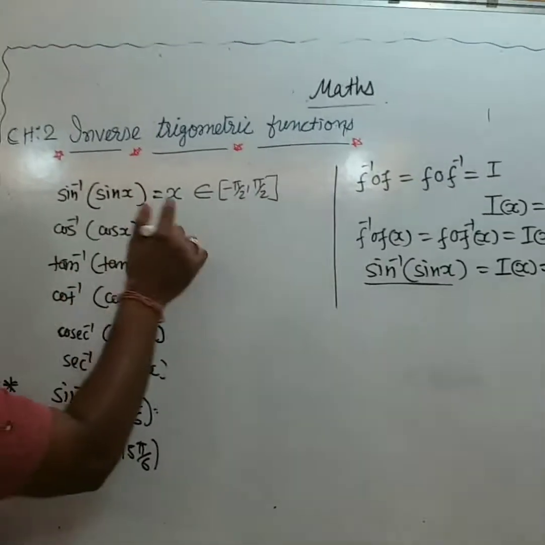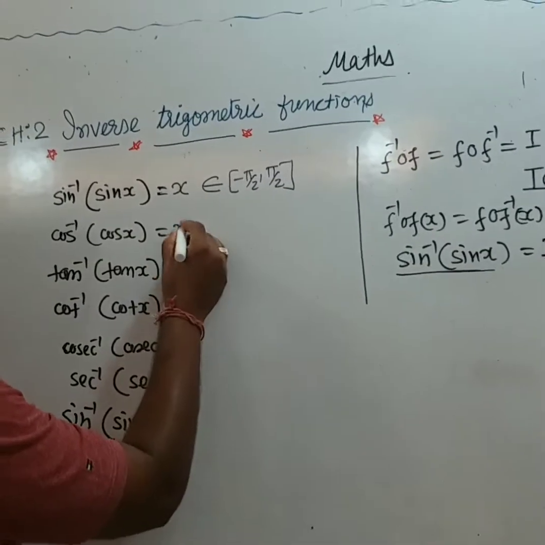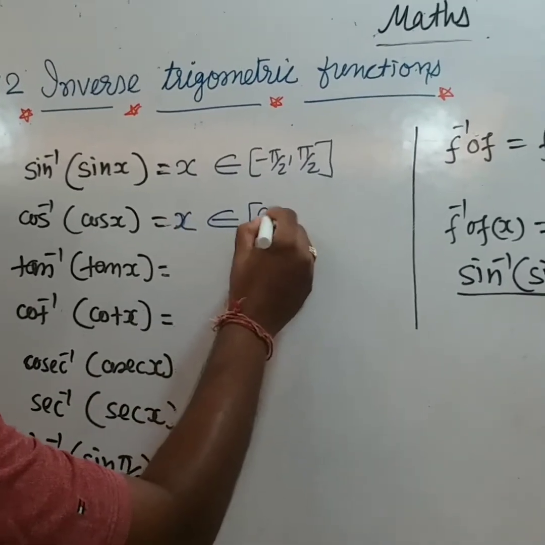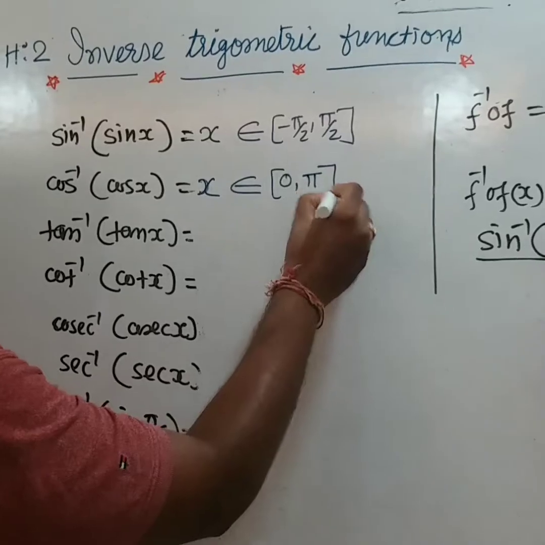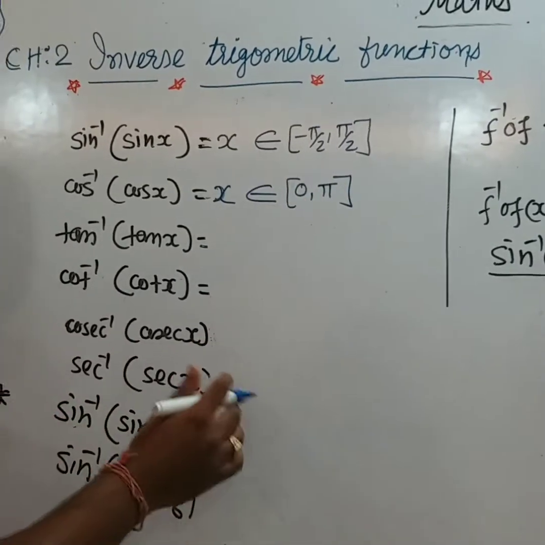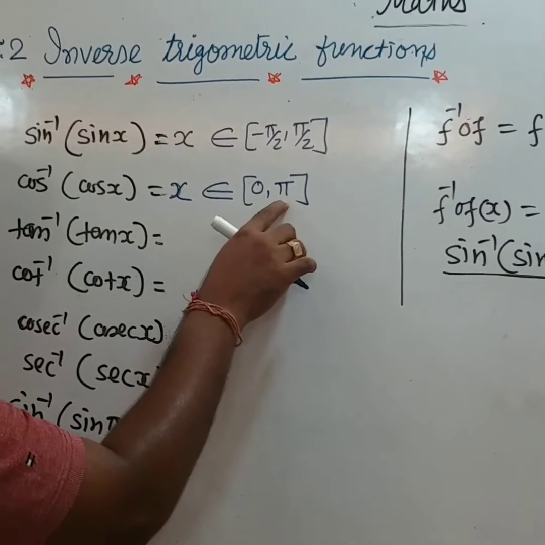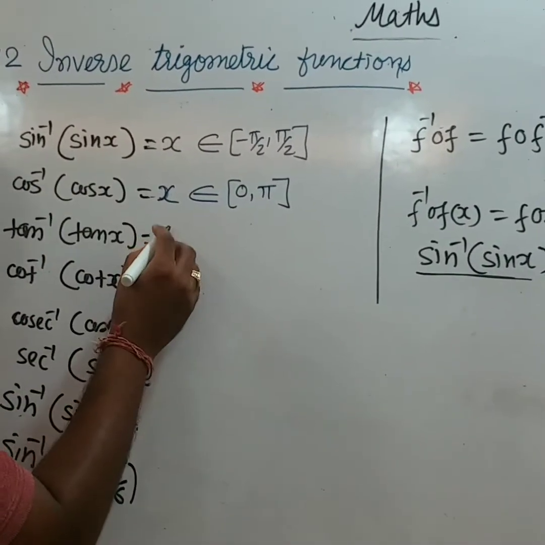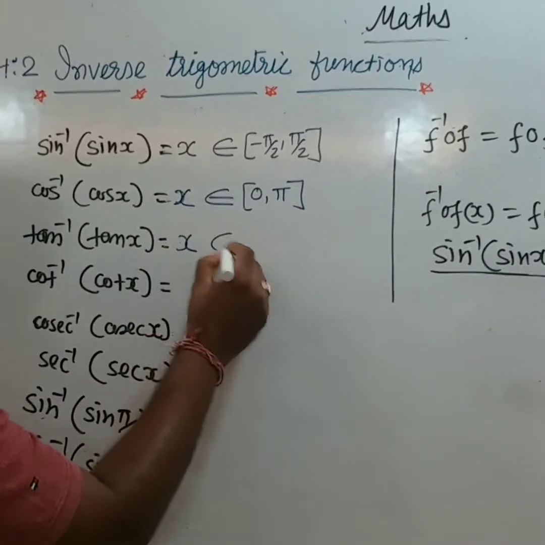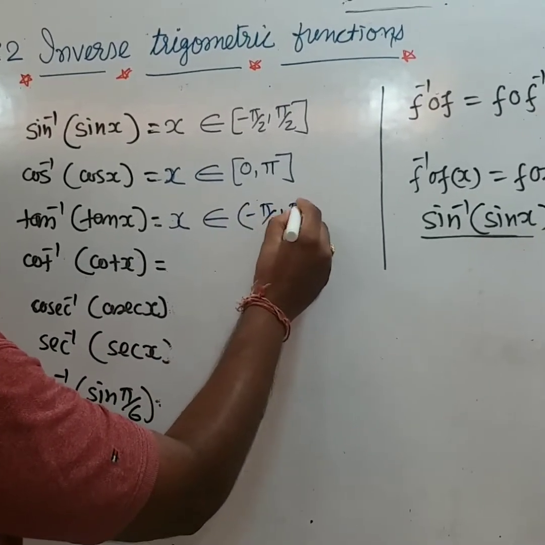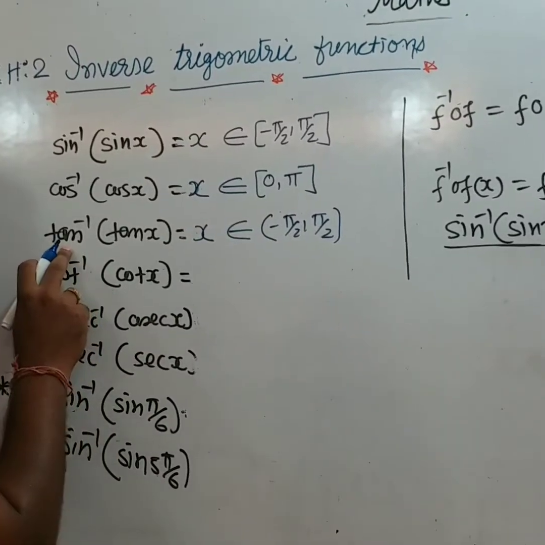Similarly, cos inverse of cos x is x, but there is some condition, and the condition is that x should be in the closed interval 0 to pi. This is the range of cos inverse. Similarly, tan inverse of tan x is x when x is in the open interval minus pi by 2 to pi by 2, that is the range of tan inverse.